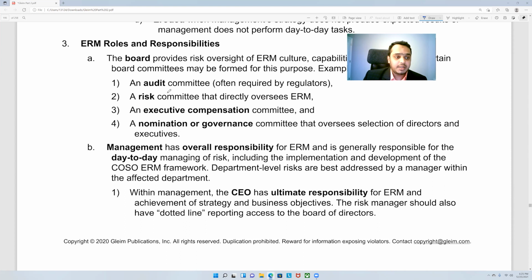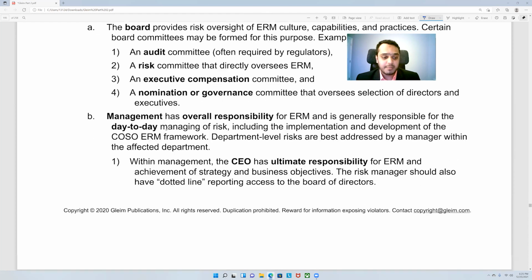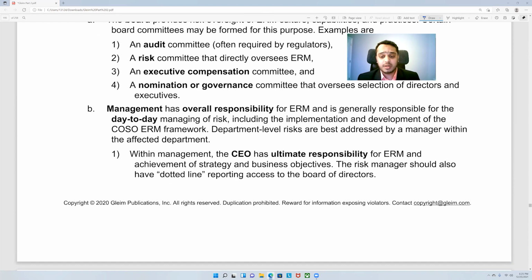For ERM roles and responsibilities, you would be making an audit committee, a risk committee, an executive compensation committee, and a nomination or governance committee, so that things go in line. Management has overall responsibility for ERM in the day-to-day work and operations of the business.